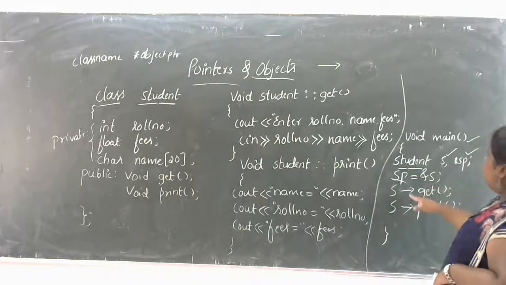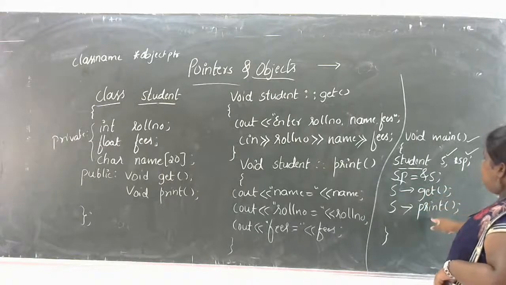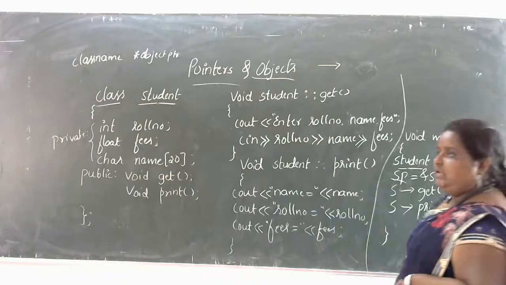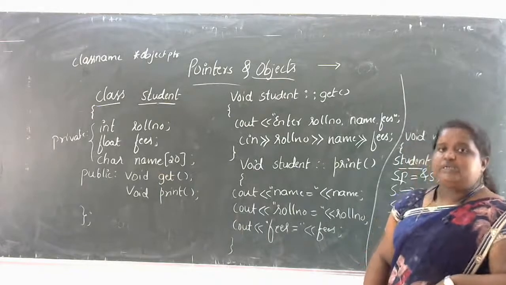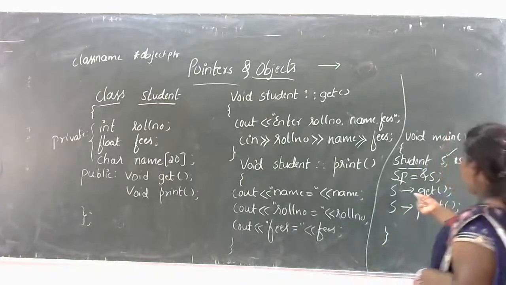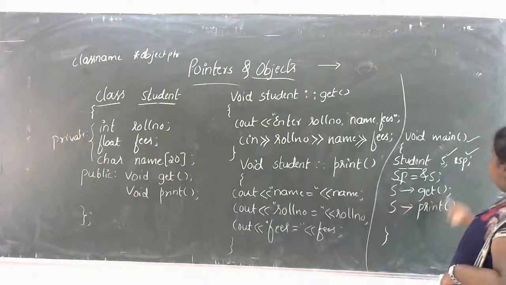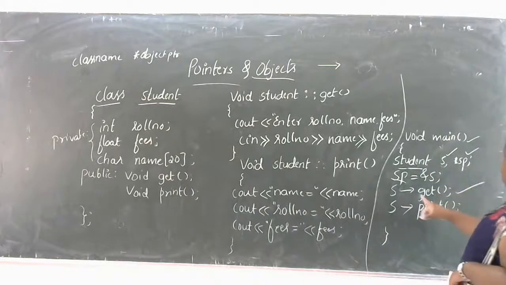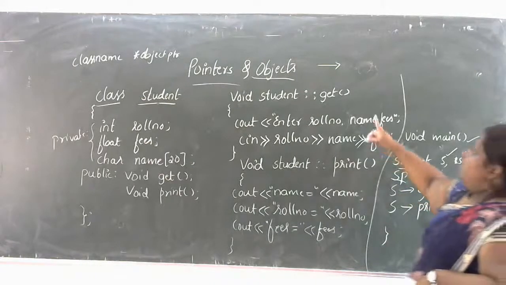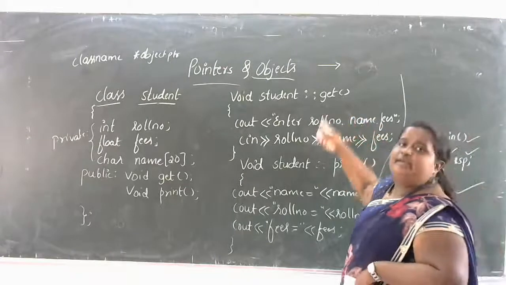Later you are accessing your member functions using the arrow operator, instead of the dot operator. As soon as the statement s arrow get is executed, what happens? The get function will be executed.